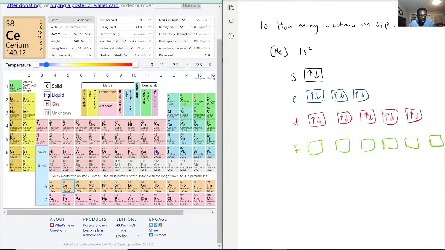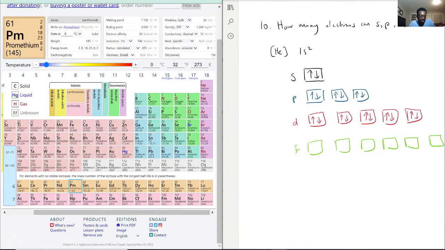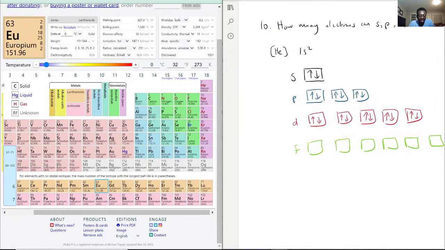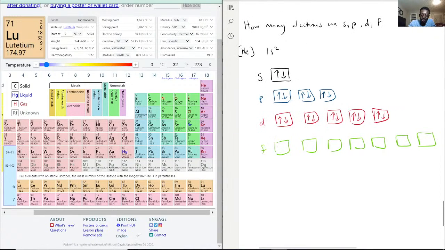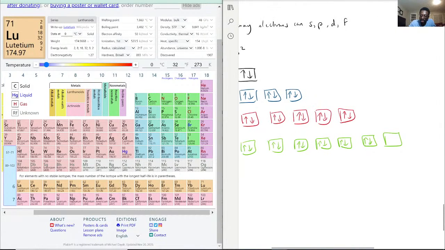So actually we start where cerium is, and we have 1, 2, 3, 4, 5, 6, 7, 8, 9, 10, 11, 12, 13, 14. And that matches perfectly with this: 1, 2, 3, 4, 5, 6, 7, 8, 9, 10, 11, 12, 13, 14.